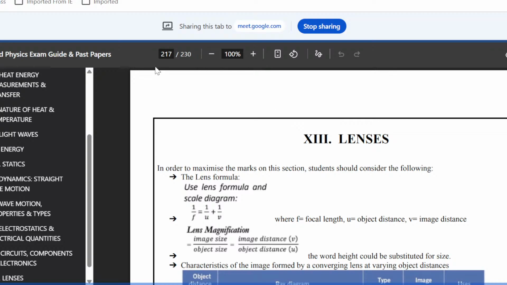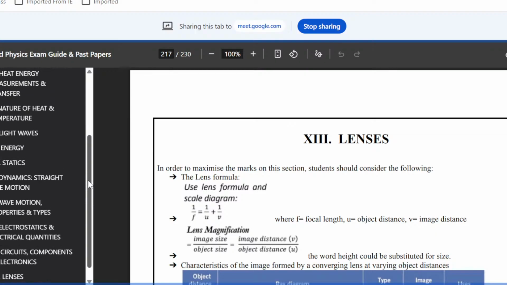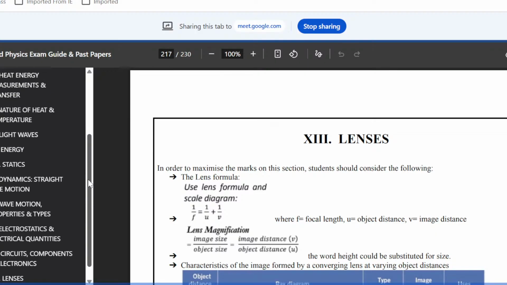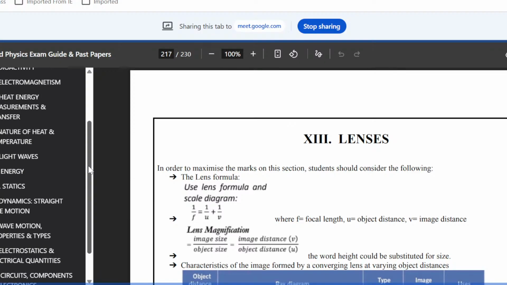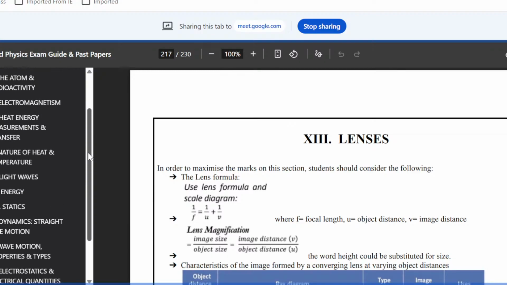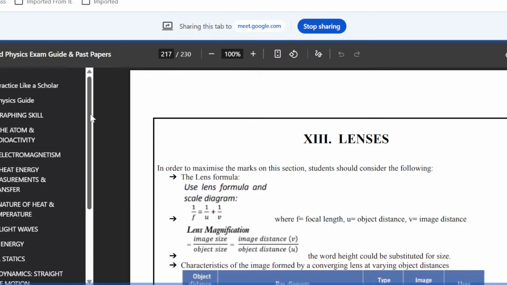We have some topics here on the left: circuits, electronics, lenses, electrostatics, electromagnetism, atom and radioactivity.